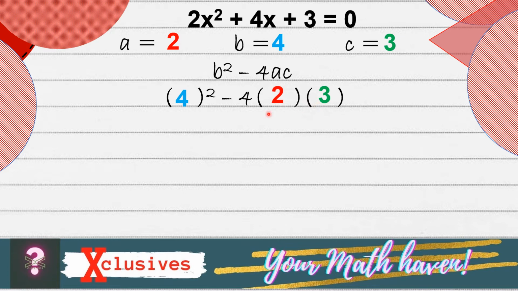Now let us simplify. 4 squared, that is 16. Negative 4 times 2, that is negative 8, times 3, that is negative 24. So 16 minus 24, that is negative 8. And this is our discriminant.